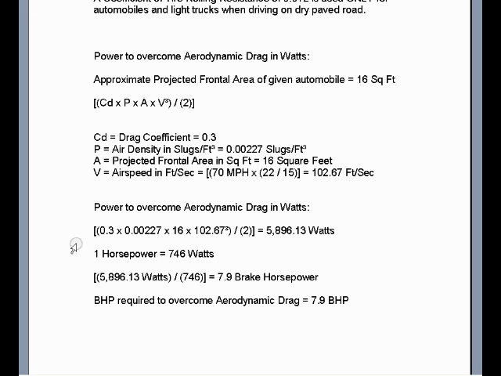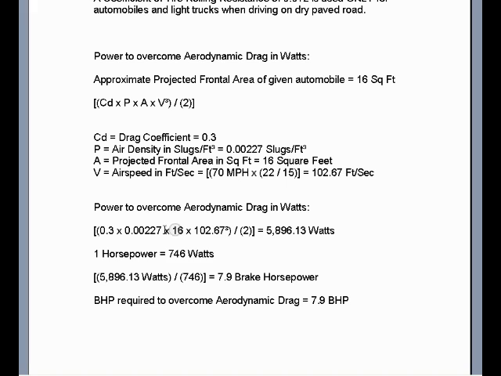So all we do is we take the drag coefficient for this car, 0.3, multiply it times the air density in slugs per cubic foot, times the projected frontal area, approximately 16 square feet, times the feet per second conversion of 70 miles per hour, which is 70 times 1.467, so it's 102.67 feet per second, cubed.